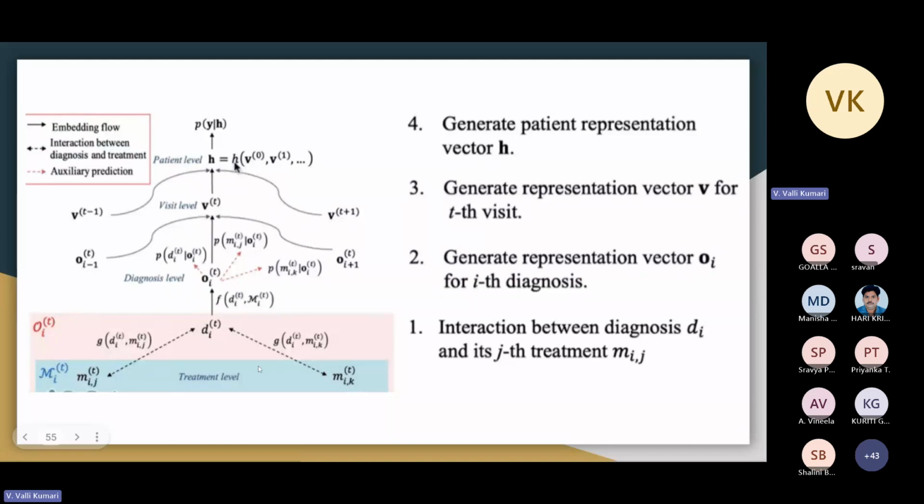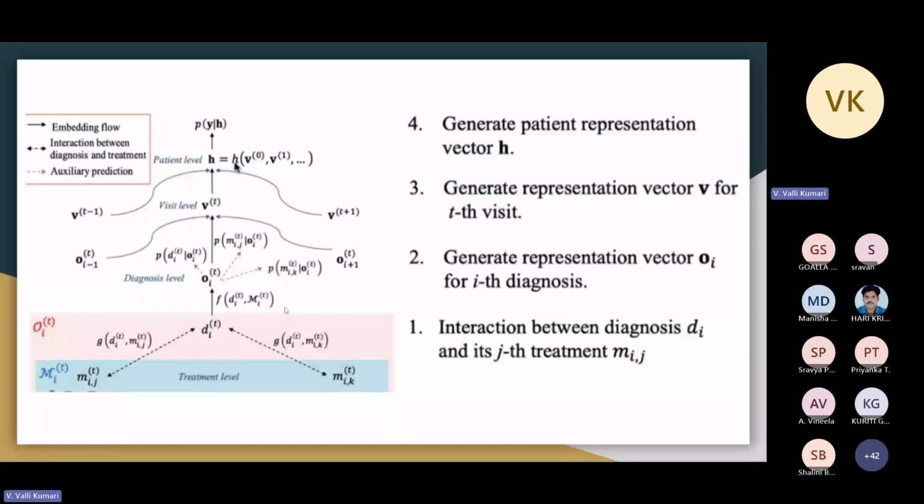So you have different treatments, different diagnoses. The next level, the pinkish level, is given as input. Then after that, every visit, and then after that, every patient. So you have more knowledge represented out here.